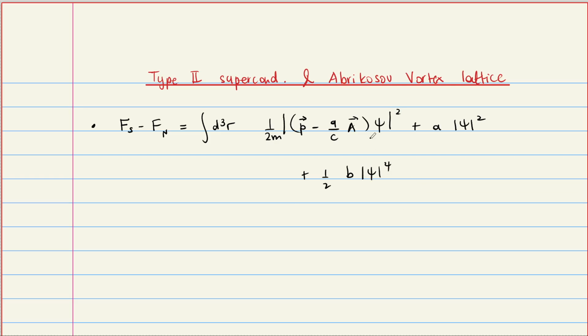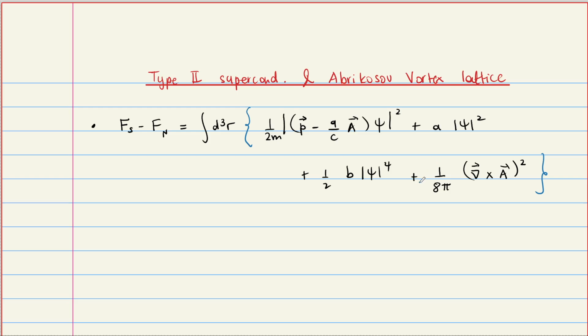So this is what we call the matter free energy, and on the top we added this Maxwell term, 1 over 8 pi, or like field energy, curl of A squared.